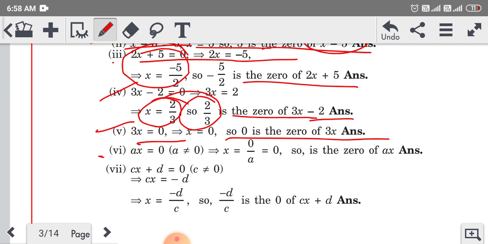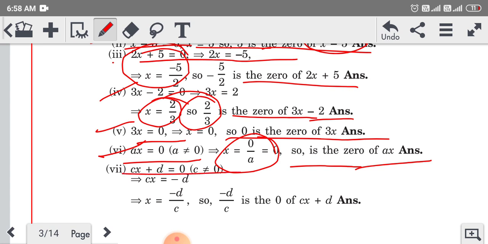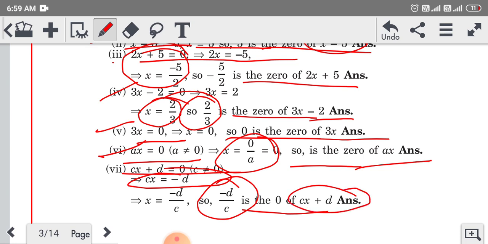Sixth में कहते हैं ax = 0, a is not equal to 0, that implies x = 0/a, that is 0. So it is the zero of ax. कहते हैं seventh cx + d = 0, c is not equal to 0. So cx = −d, x = −d/c. So −d/c is the 0 of cx + d, answer.